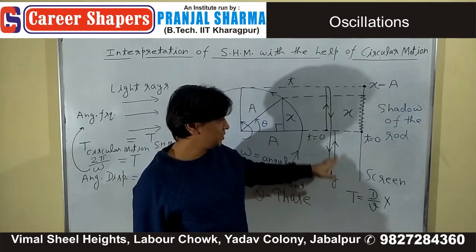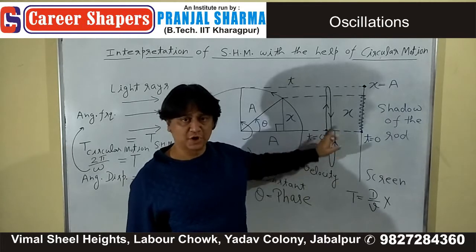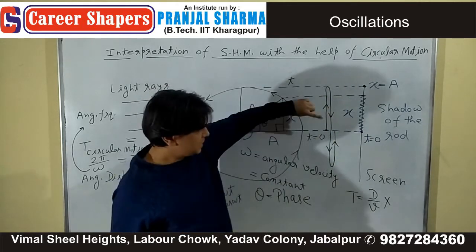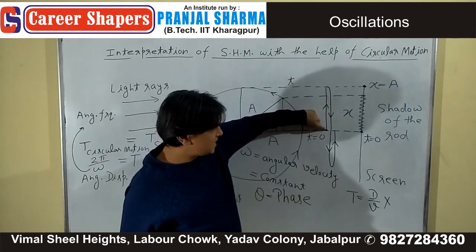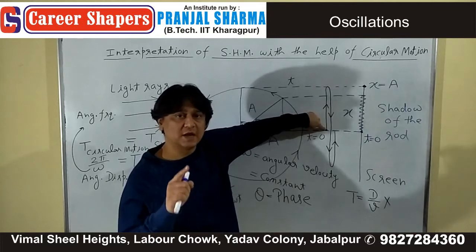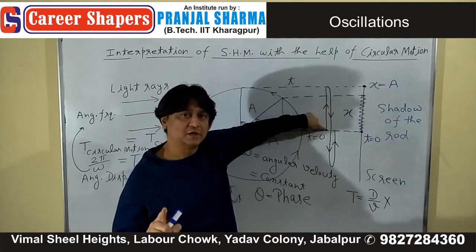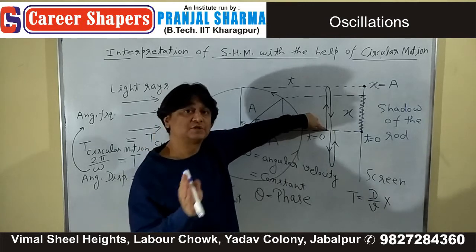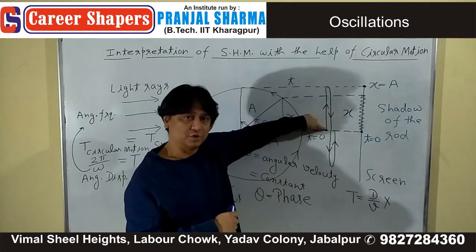This is negative amplitude. This is again what? Mean position, and the object is going up for the positive amplitude. So if I ask you to describe this position, then you will say the object is at mean position and is going for positive amplitude. You have to present this much information.